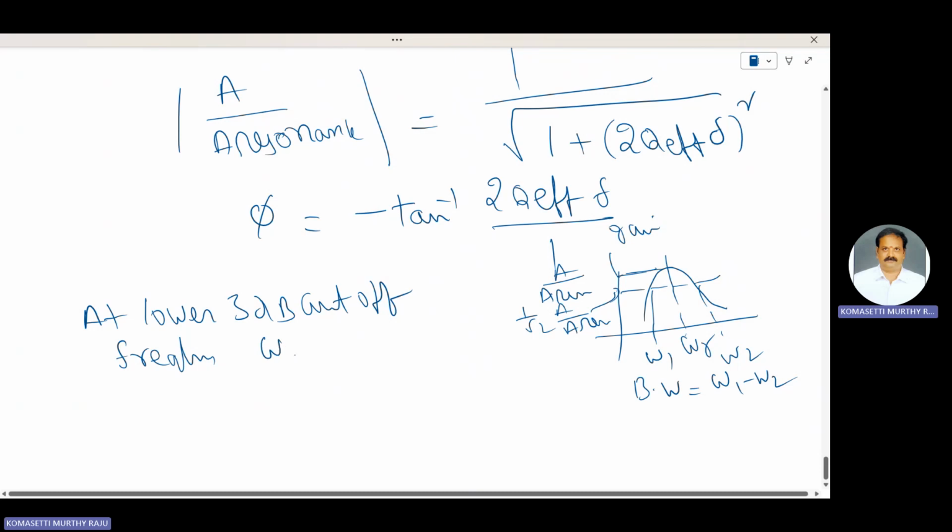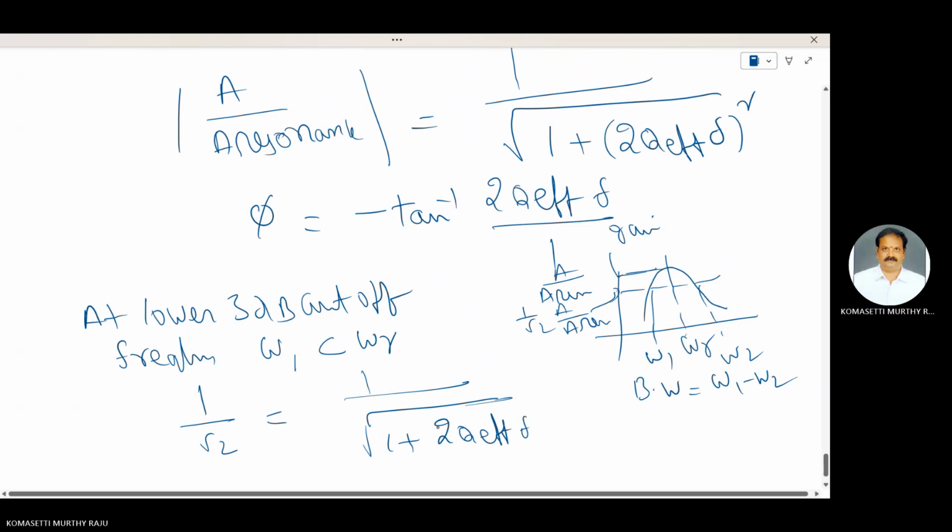That means omega 1 is less than omega R. At that instant, the gain is 1 by root 2, so 1 by root 2 is equal to 1 by square root of 1 plus (2Q effective delta) whole square.